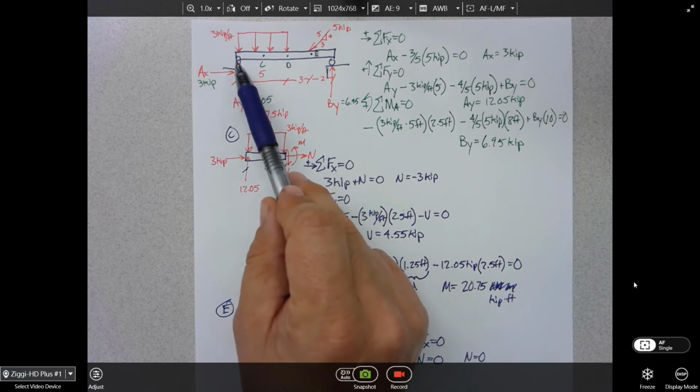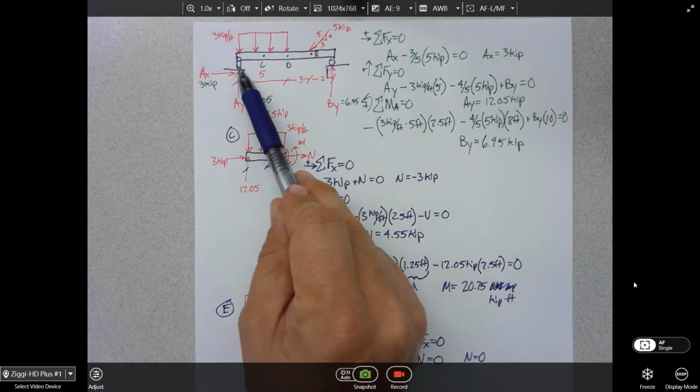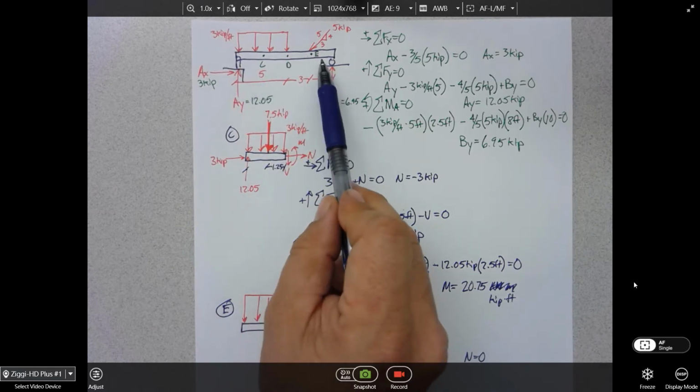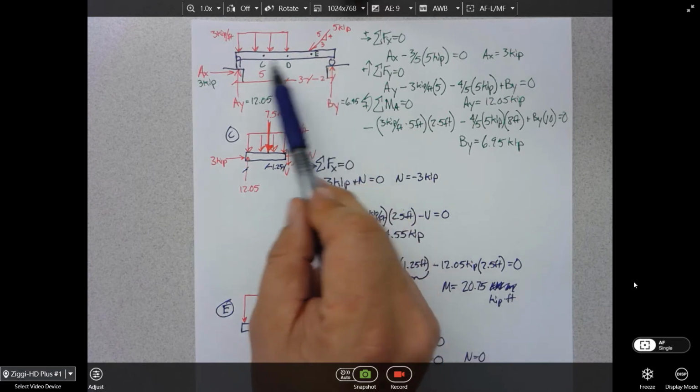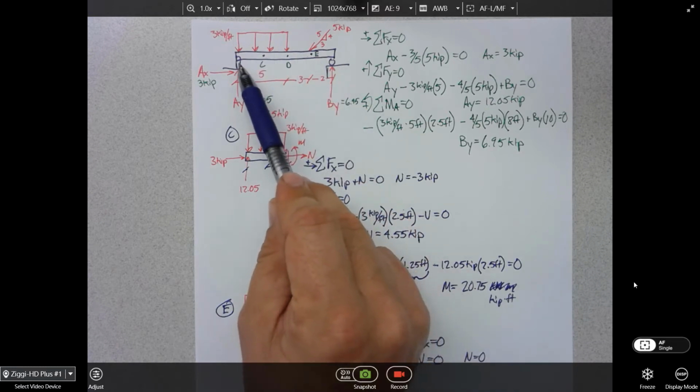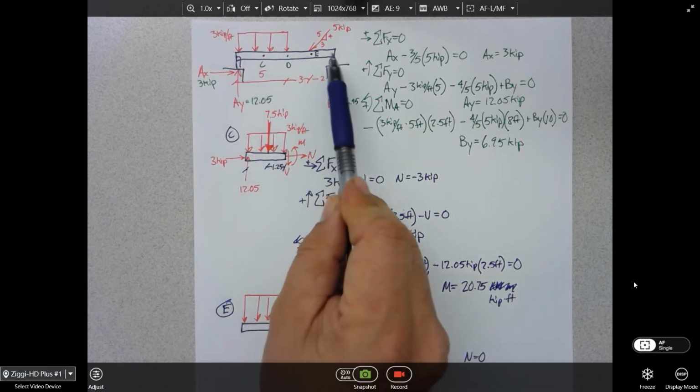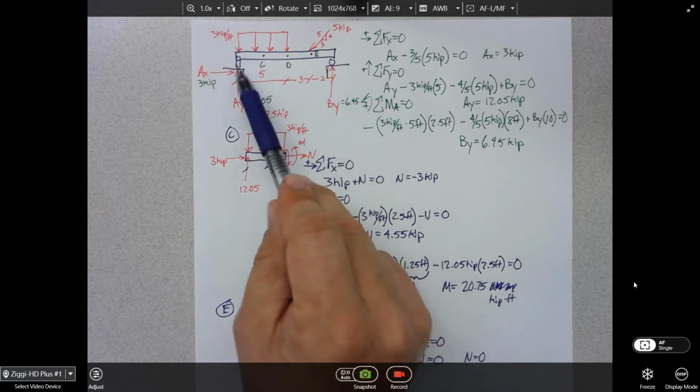Now, if I switched and I put my pin joint over here and my roller here, what would change? Everything in the x, but you can do it in your head. How would it be different if I moved the pin joint to over here and the roller, if I just switched them?